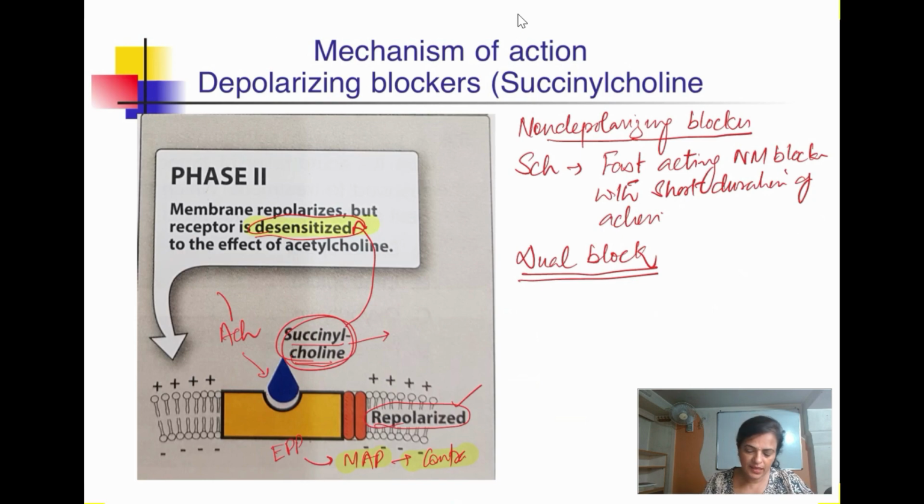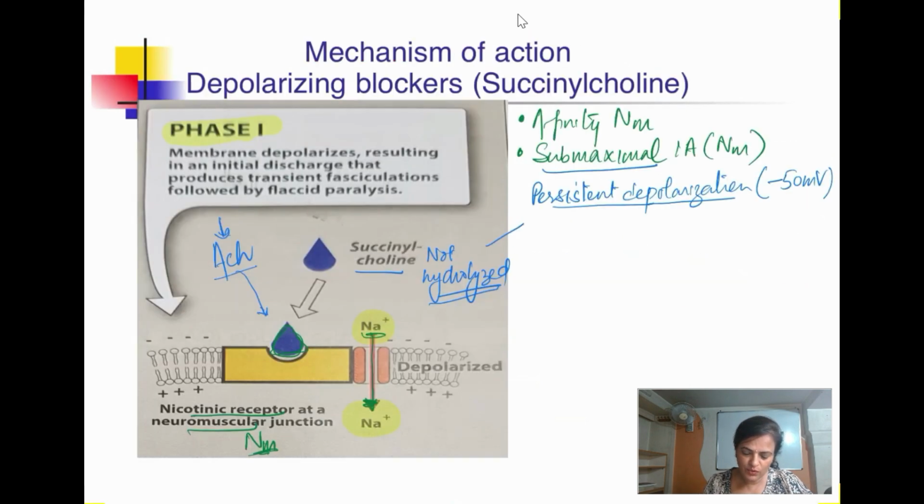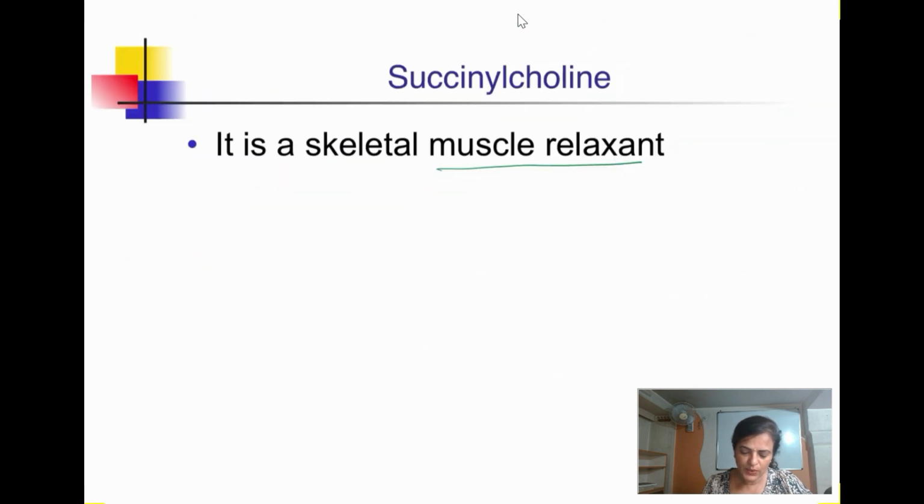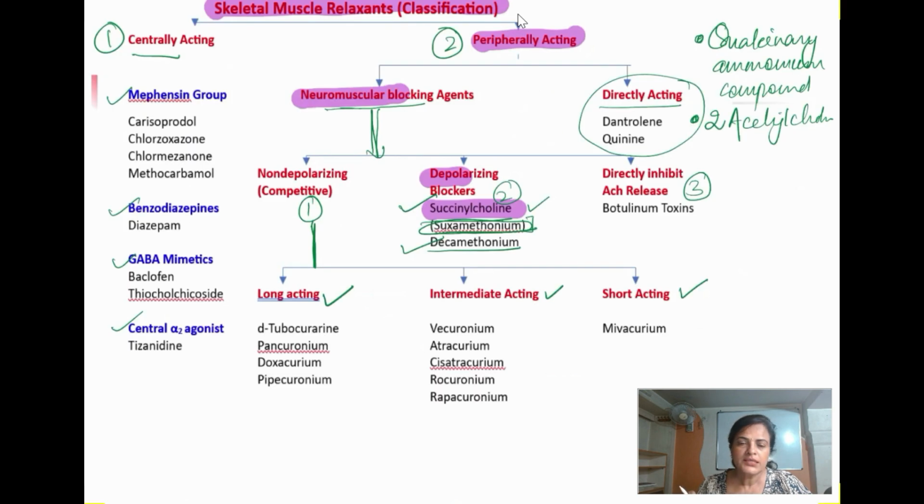Let me summarize again and revise all that we have studied so far about succinylcholine. If a question comes on succinylcholine, what are you supposed to write? Number 1: it is a peripherally acting skeletal muscle relaxant.